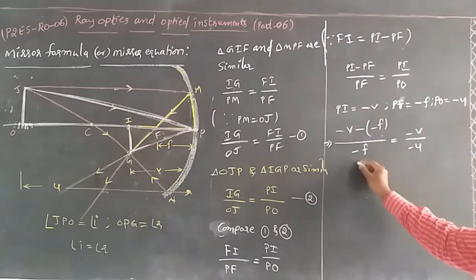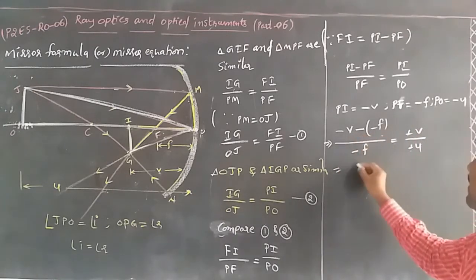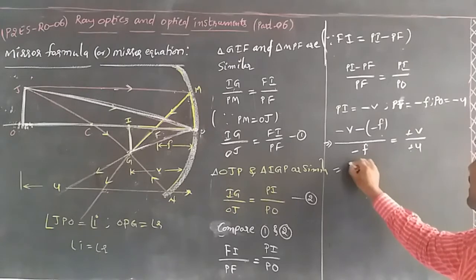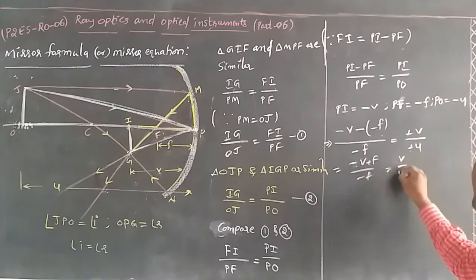Then the minus signs get cancelled, and we can write (v minus f) by f is equal to v by u.